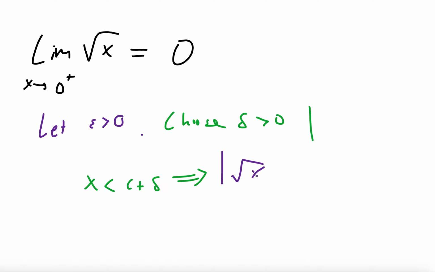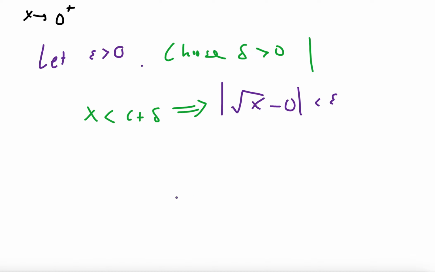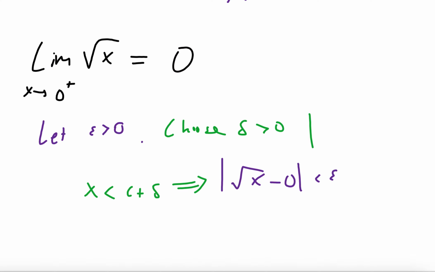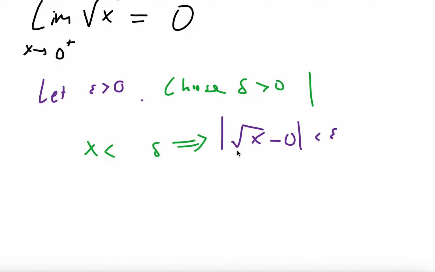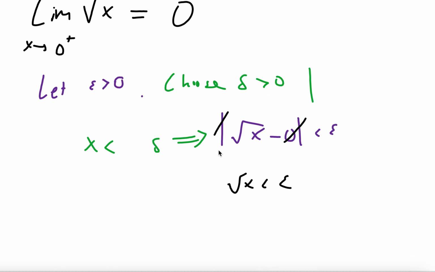We have root x minus 0 is less than epsilon. Okay, but look, our c is 0, so we can get rid of that, and so x is less than delta. And look, since the root of x is already positive, we don't need these absolute value bars. They're redundant. So we have root x is less than epsilon, which means that x is less than epsilon squared.